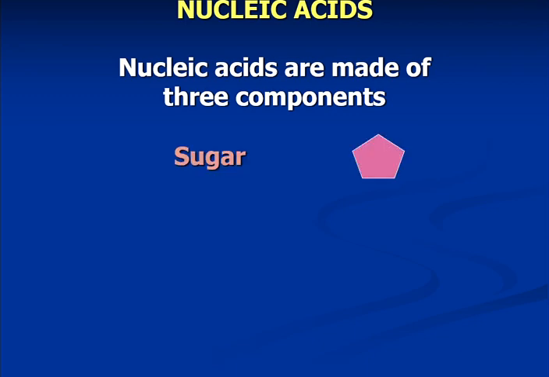The first is a sugar. Pay attention to how I am showing these images to you for when we discuss the structures. Notice with the sugar here, I have used a 5-sided pentagon, and there's a reason for that. The sugars that you find in nucleic acids are actually pentose sugars. Each of these would represent a carbon atom, so it's 5 carbon atoms in a ring.